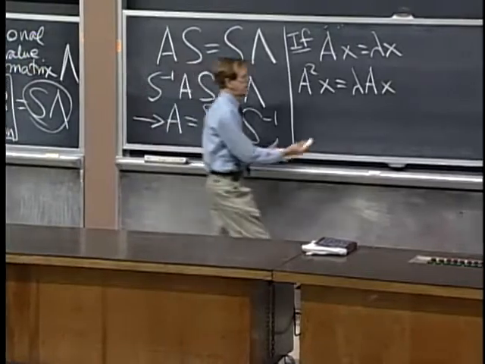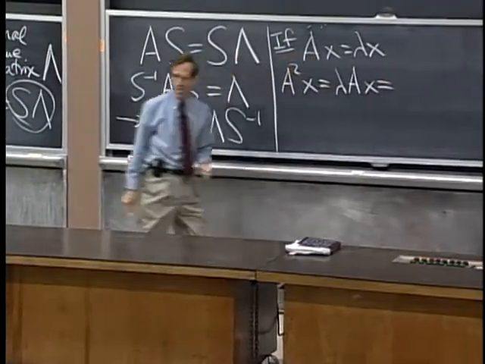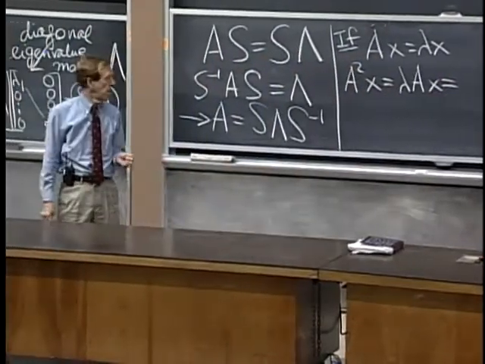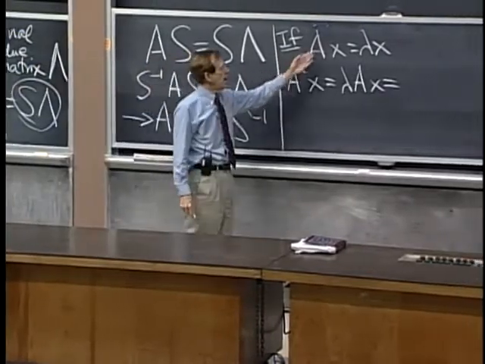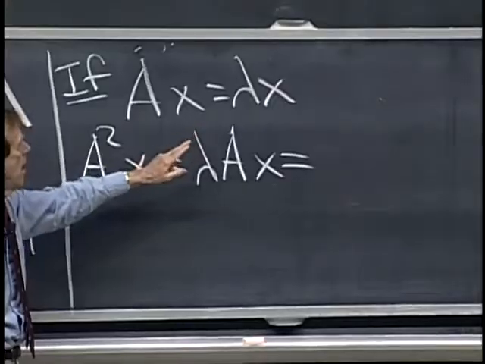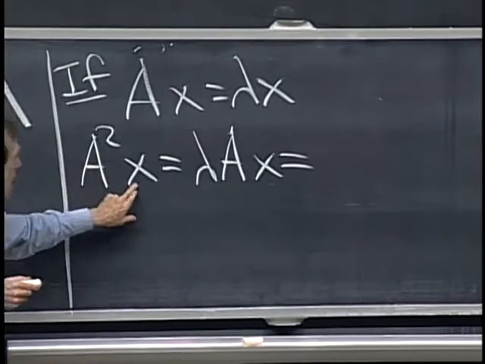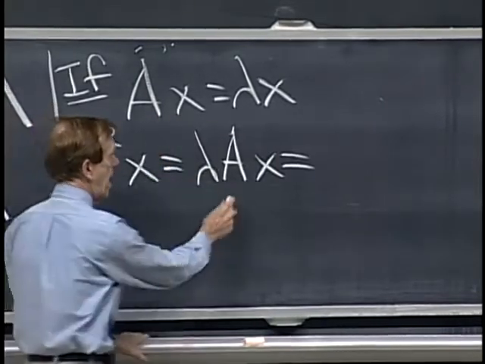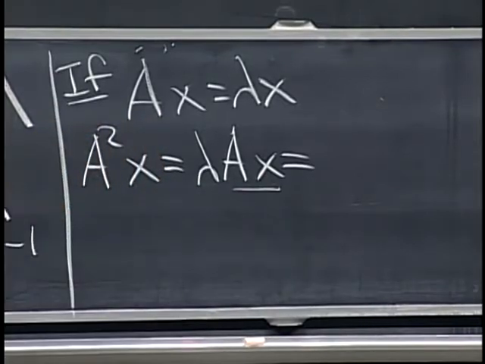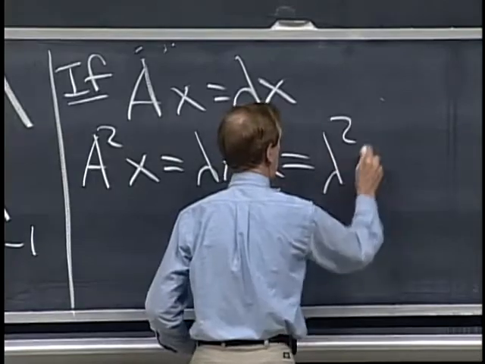What have I got here? If A has the eigenvalue lambda and eigenvector x, what's up with A squared? A squared x, I just multiply by A, but now for Ax I'm going to substitute lambda x, so I've got lambda squared x.